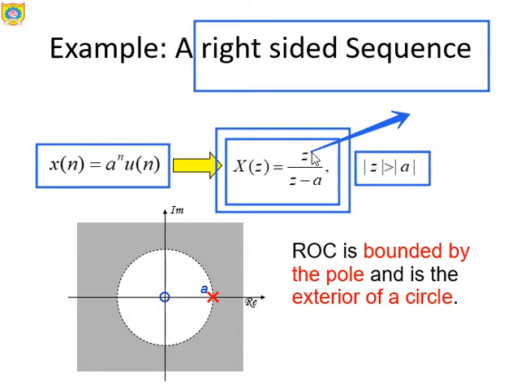So z equal to 0 is the zero indicated by the circle. Zeros are indicated by the circle and poles are indicated by the cross. So this is the zero which we plotted over here.